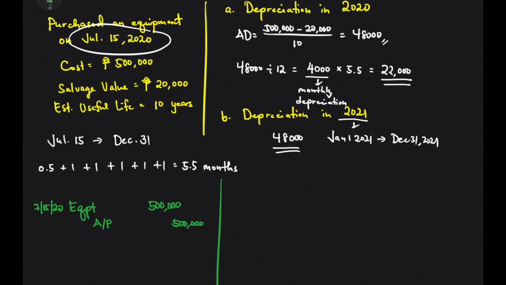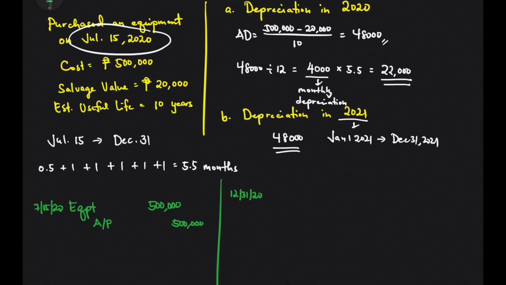And again, the equipment here will undergo conditions. So at year end, on December 31, you need to prepare your adjusting entry to account for the changes. So on December 31, 2020, you prepare the adjusting entry for the depreciation.